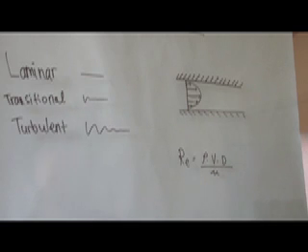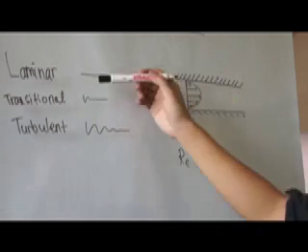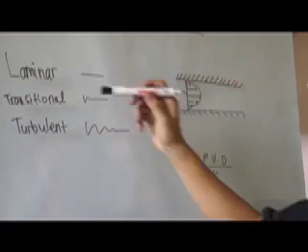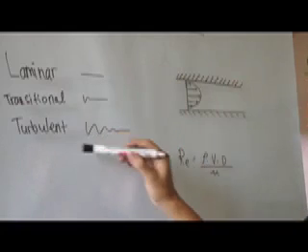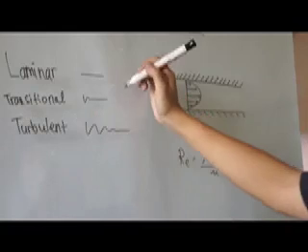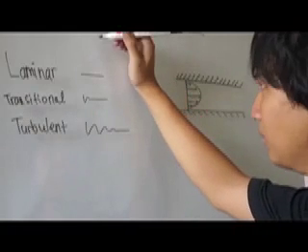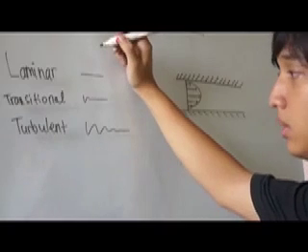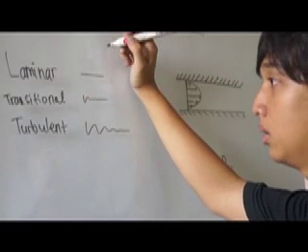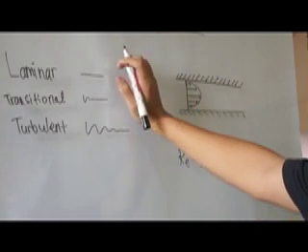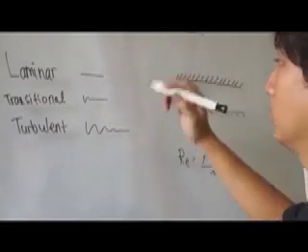Actually there are three types of movement inside the pipe. First is laminar and turbulent, and between them is transitional. What is laminar? Laminar is when the fluid inside the pipe is moving steadily, constantly, without any disturbances whatsoever.